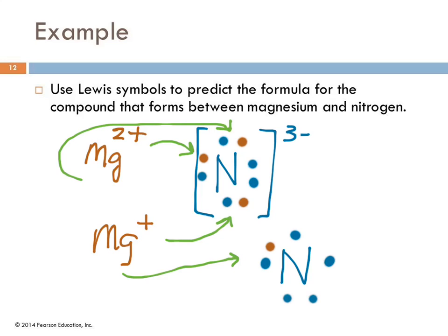So this goes over there. Now this magnesium has a 2+ charge, and the nitrogen has a -1 charge. Now we've got 2 happy magnesiums, 1 happy nitrogen, and 1 unhappy nitrogen.